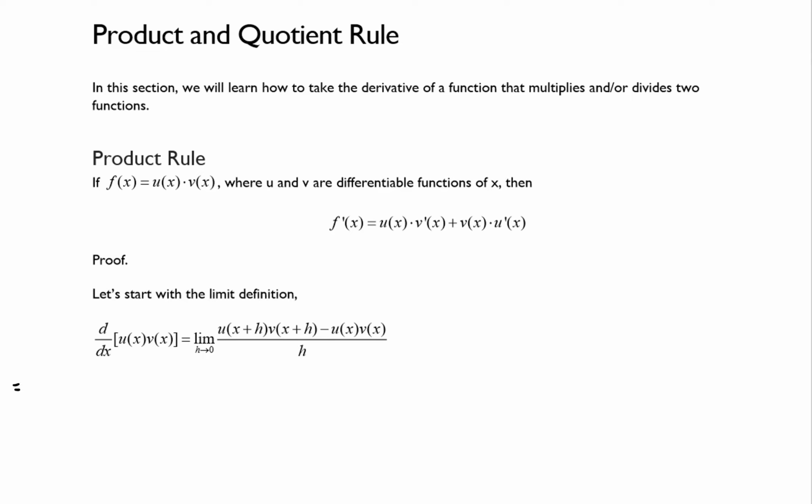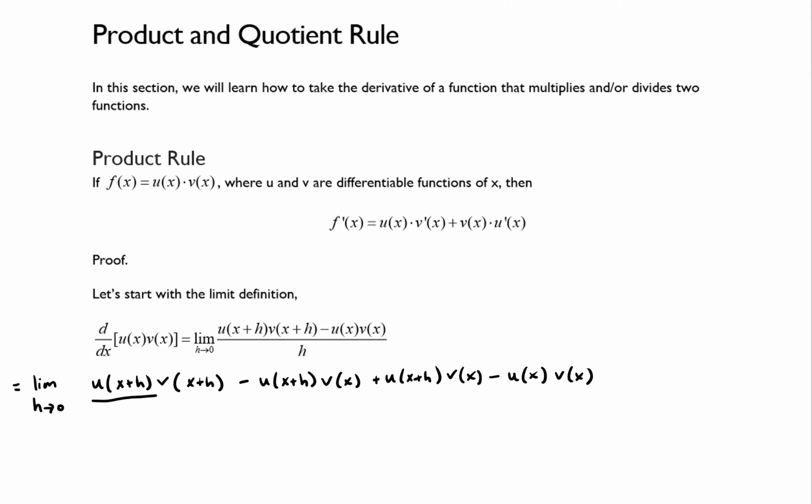So that is equal to the limit as h approaches 0 of u of x plus h times v of x plus h minus u of x plus h times v of x plus u of x plus h times v of x minus u of x times v of x all over h.